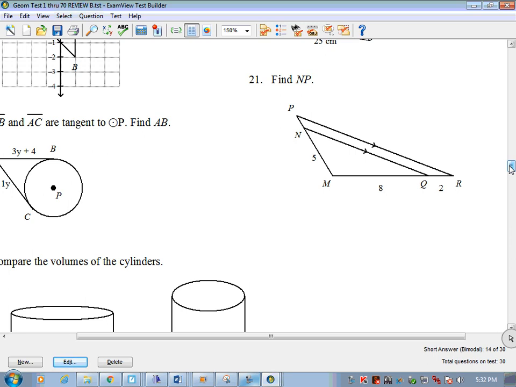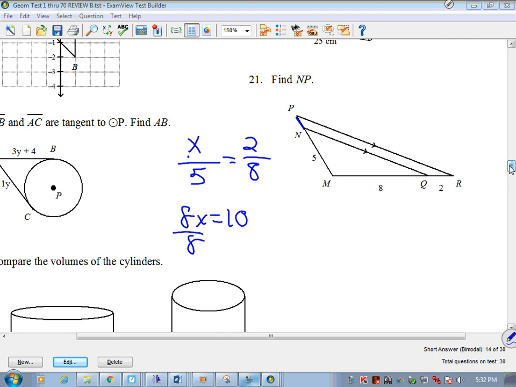Find NP, right? So we're just trying to find this little length right here. NP over NM, that's going to be NP over 5, because NM is 5. It's going to be proportional to QR over 8, which is 2 over 8. You can make this x if you want. You're going to get 8x equals 10.